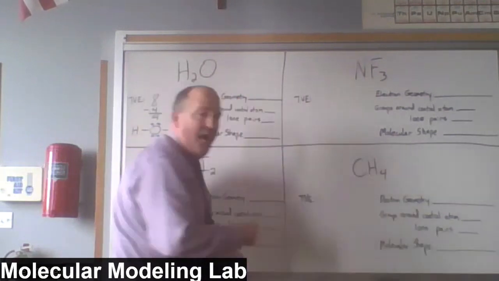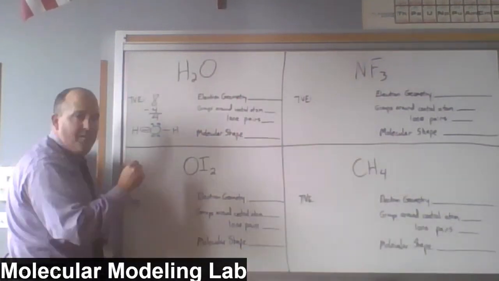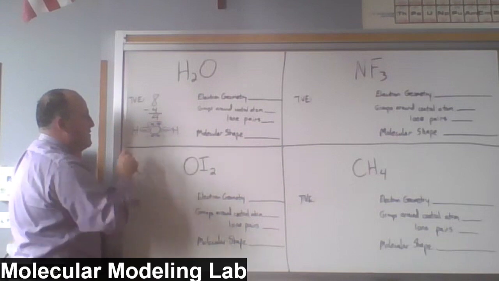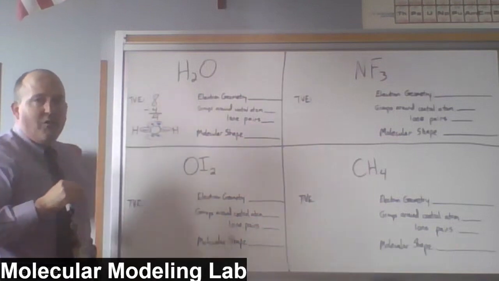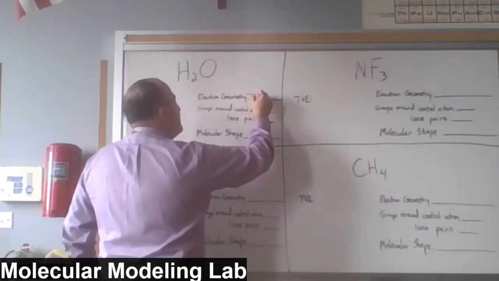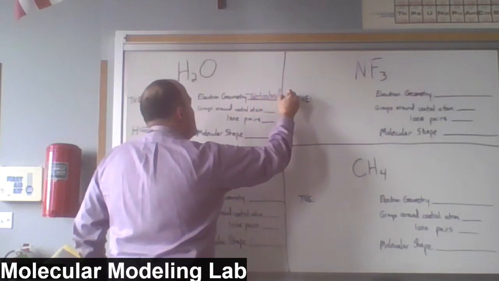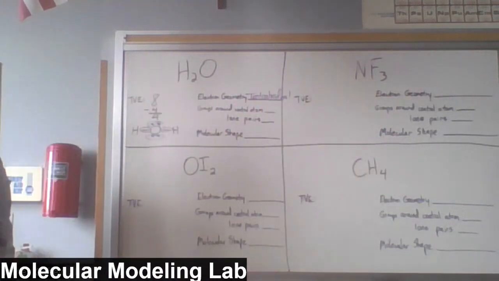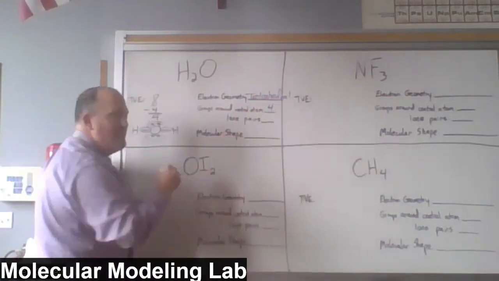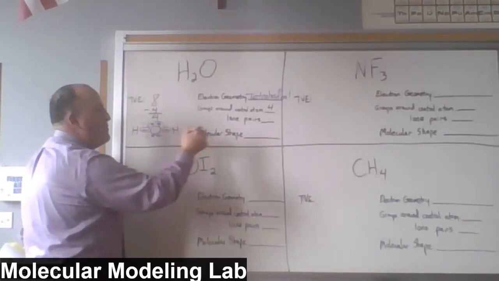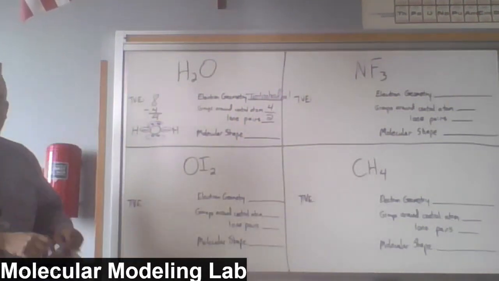The electron groups around the central atom: single bonds count as an electron group, but so do lone pairs of electrons. That makes 4 electron groups around the central atom, which makes it tetrahedral electron geometry, where 2 are lone pairs. So lone pair number 1, lone pair number 2.